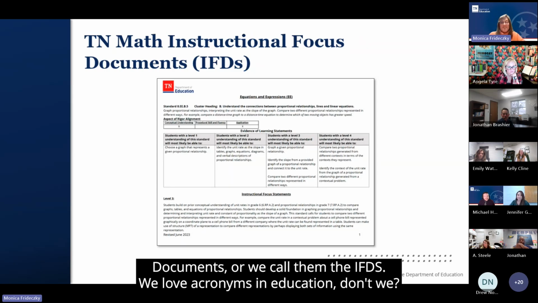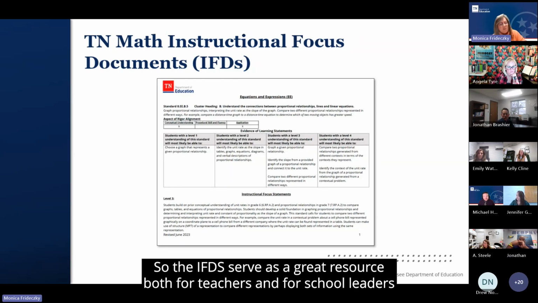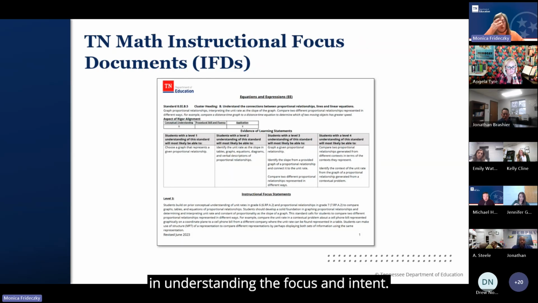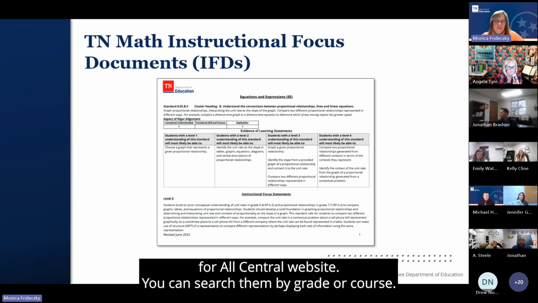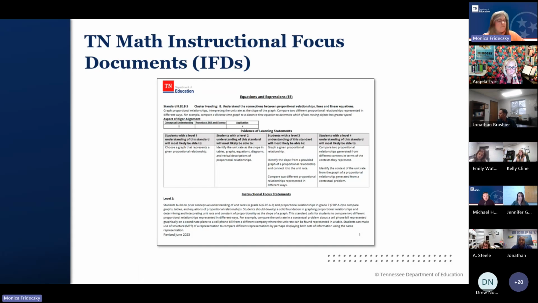The IFDs serve as a great resource both for teachers and for school leaders in understanding the focus and intent of the Tennessee Math Standards. You can find the IFDs on the Best for All Central website. You can search them by grade or course.